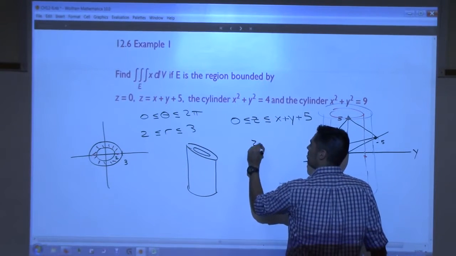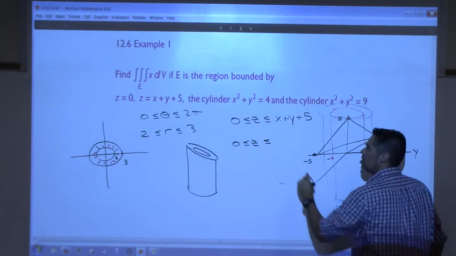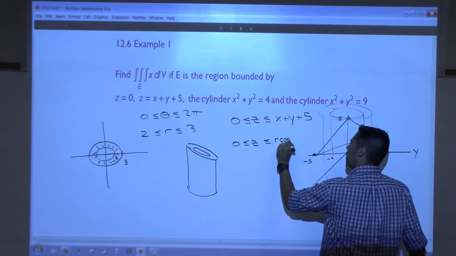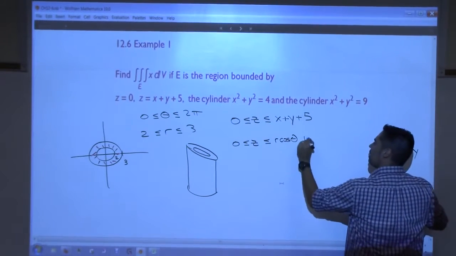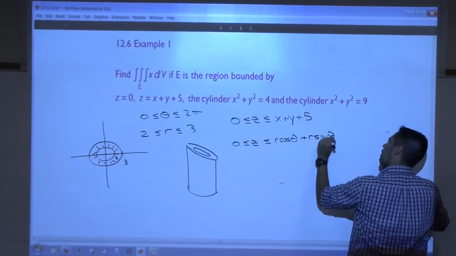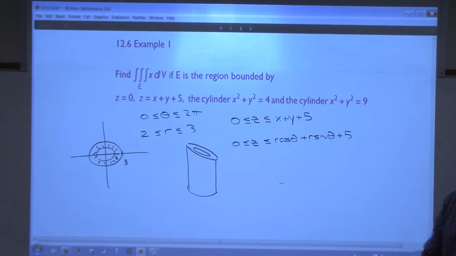It should be z greater than or equal to 0, less than or equal to r cosine theta plus r sine theta plus 5. Okay? Understand that? That's everything I need to set up the triple integral.